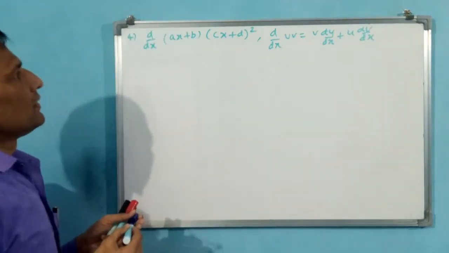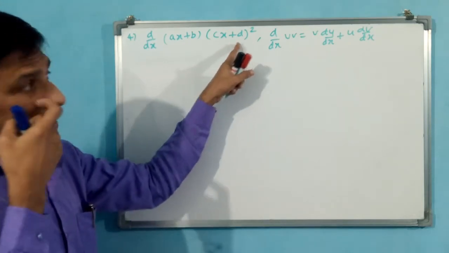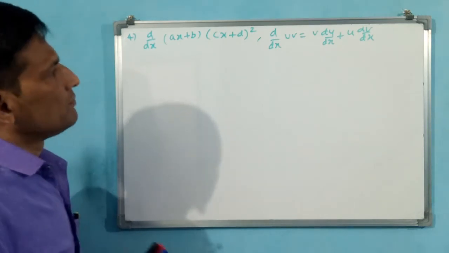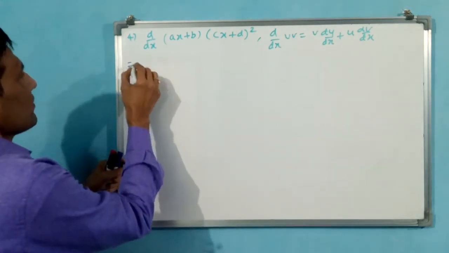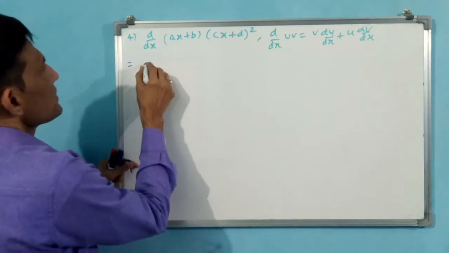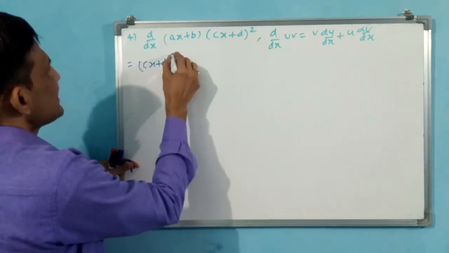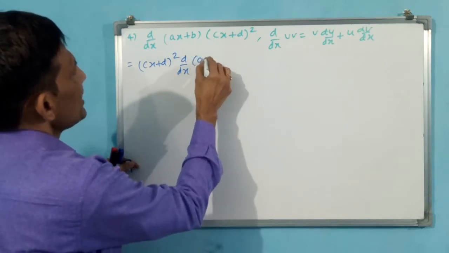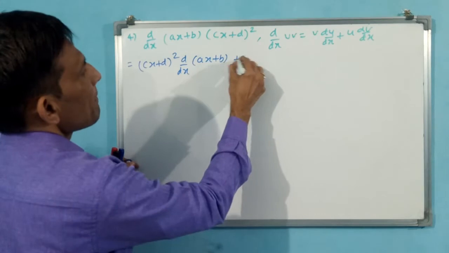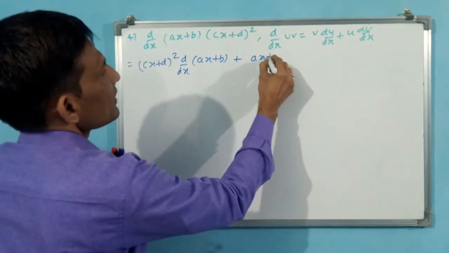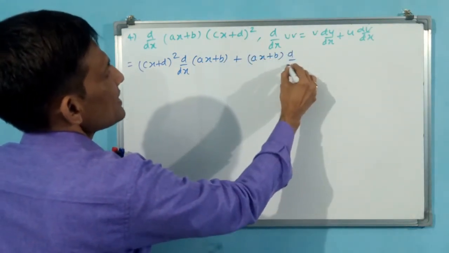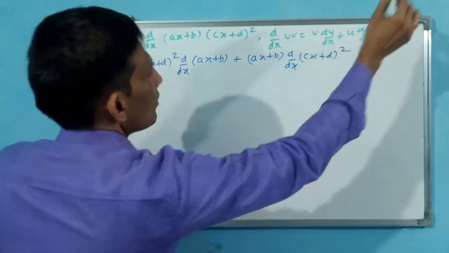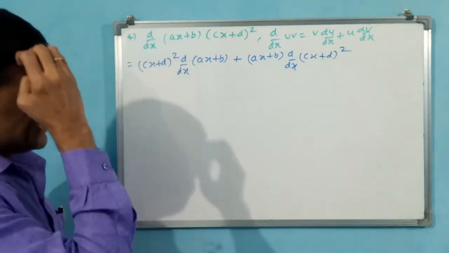But v again square is there. Carefully how to perform this operation. Let us do. V is cx plus d whole square, du by dx is d by dx of ax plus b, plus u, ax plus b, d by dx of v, cx plus d whole square.